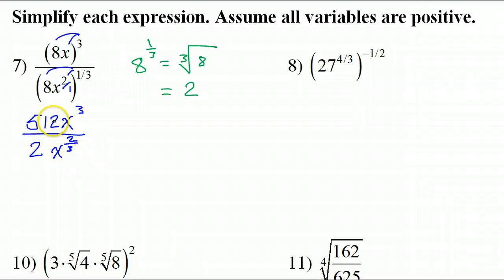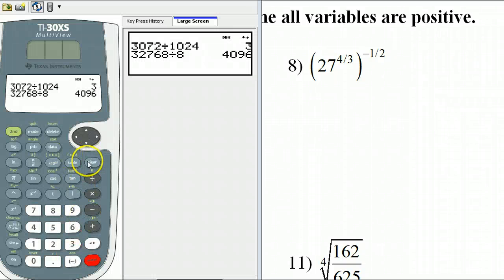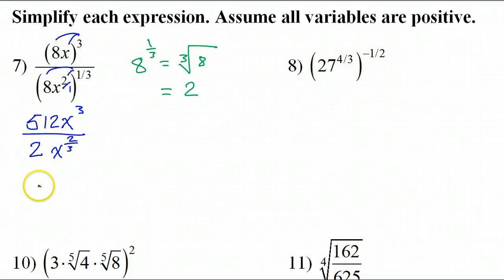Now, I can go ahead and divide the 512 and the 2, okay? So you see that's 256. So, so far I've got 256.